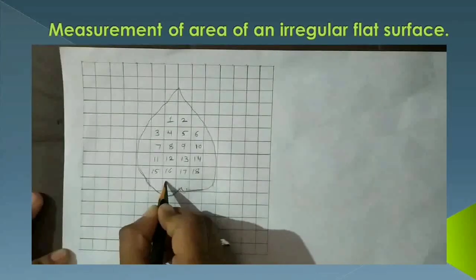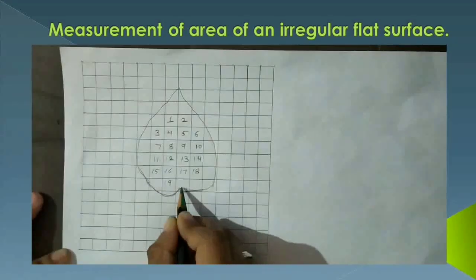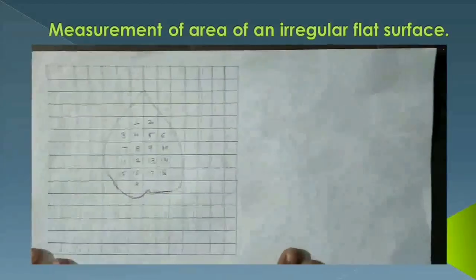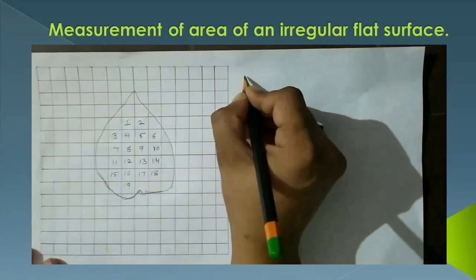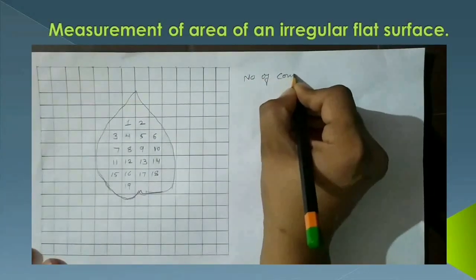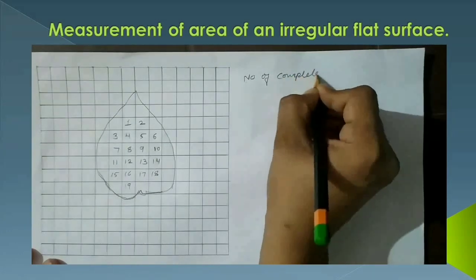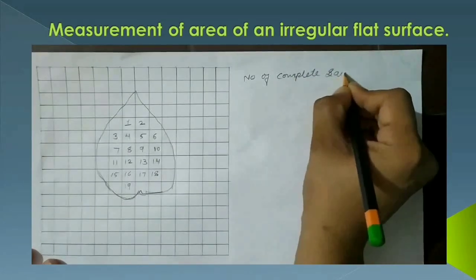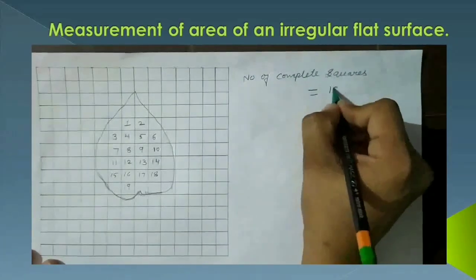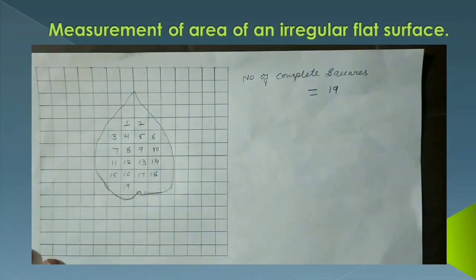Then 19. So the total number of complete squares is equal to 19.